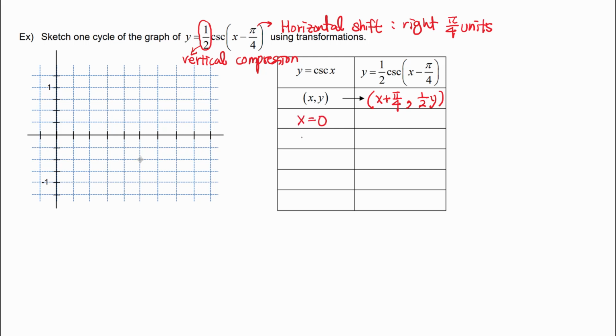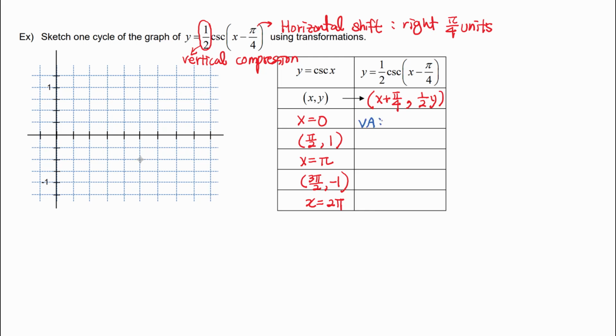Second key point was a relative minimum at pi over 2, and the minimum was 1. Second vertical asymptote was x equals pi. Third key point was 3 pi over 2, comma, -1. And last vertical asymptote was x equals 2 pi. So for all these points, x will move to x plus pi over 4, y will go to half y.